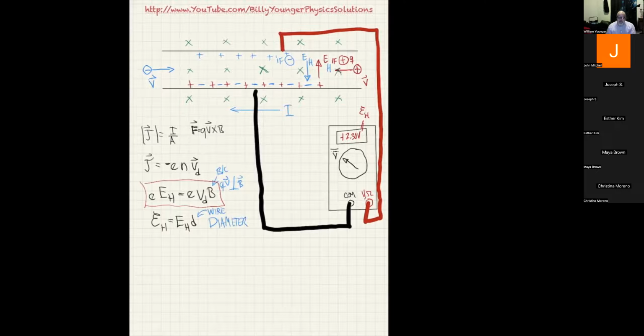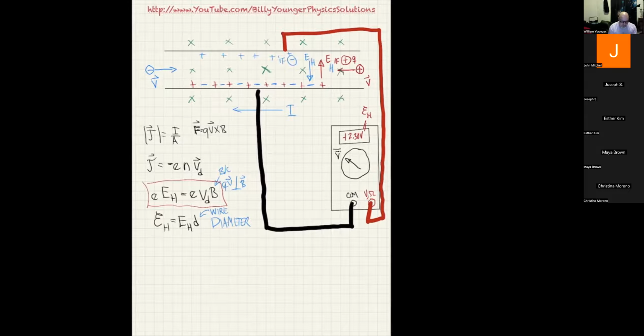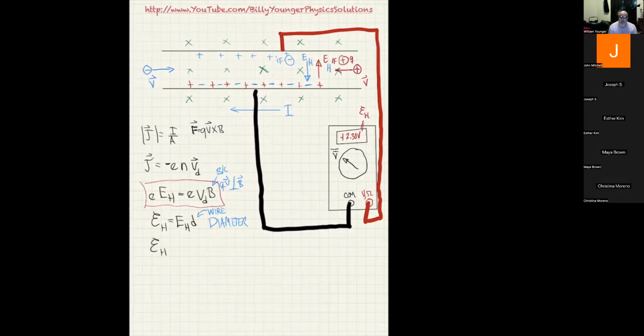Okay. So with that in mind, we can ultimately write that the Hall electric potential is going to equal the drift velocity times the magnetic field times D. In other words, all I did was mark out this guy and multiply both sides by D, and that gave me this equation.